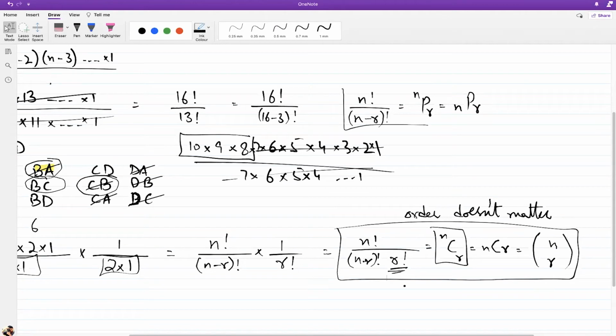The last case is when I have combinations and I'm allowed to repeat stuff. So I'll give an example that I found online. They're saying there are 5 flavors of ice cream: chocolate, lemon, strawberry, vanilla, and let's say tutti frutti. And you're allowed to take just 3 of them. So how many different ways can you pick ice cream?